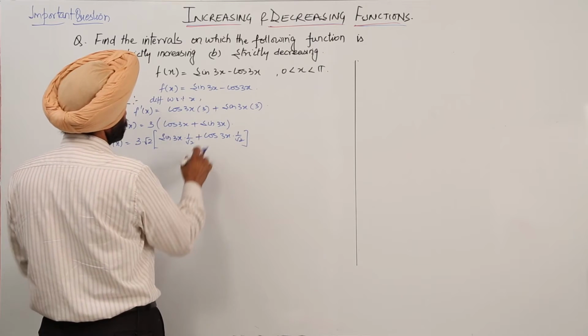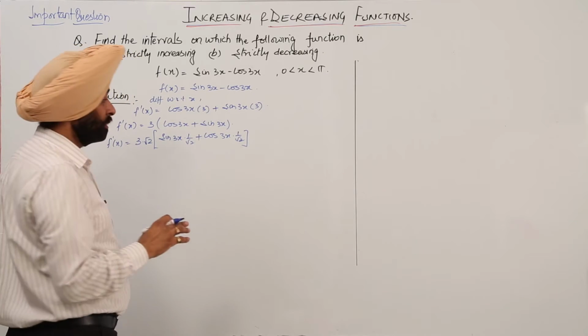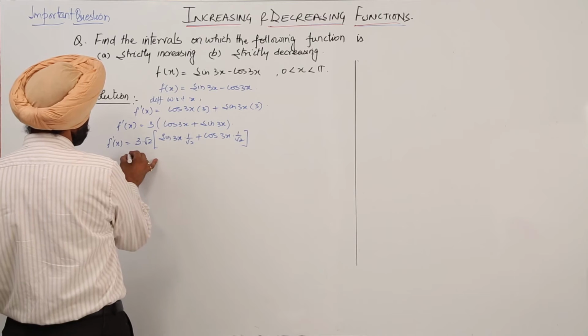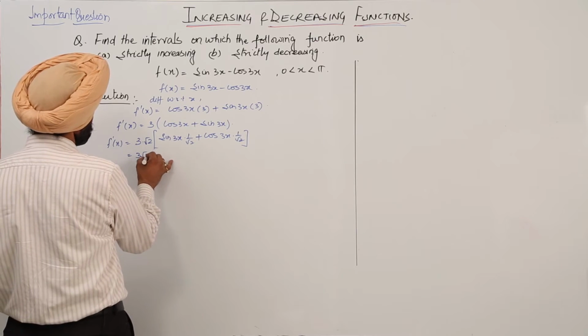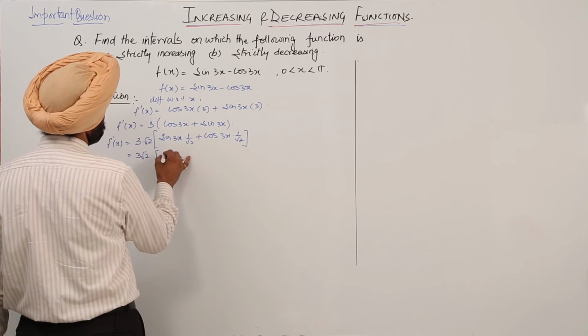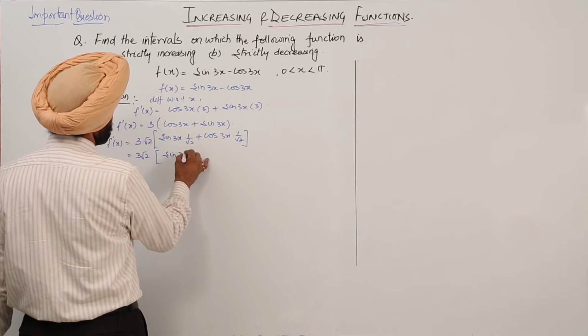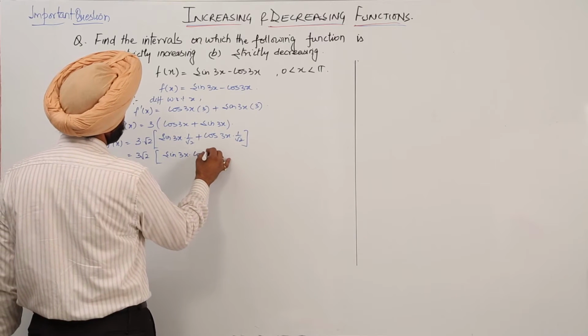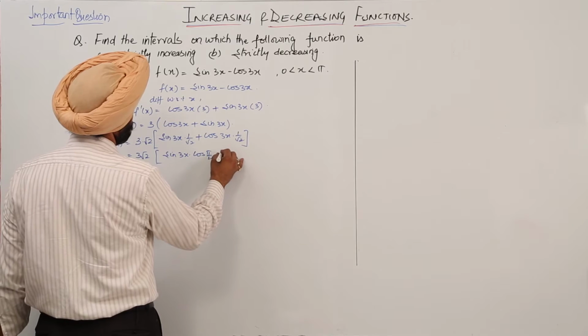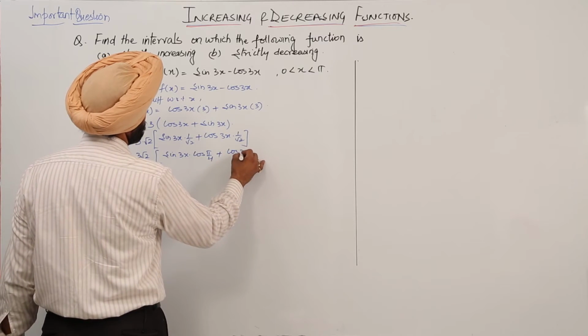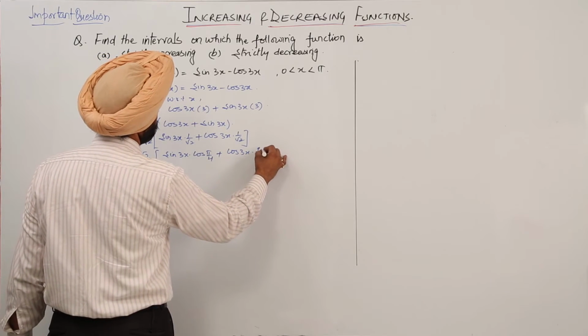Now what I have done, I have just taken this term in the front, or this we can write, f'(x) is equal to 3 root 2 with sin 3x with cos pi by 4 plus cos 3x with sin pi by 4.